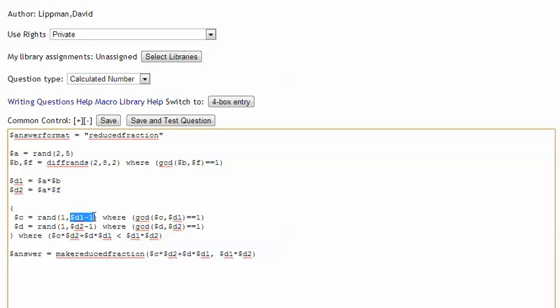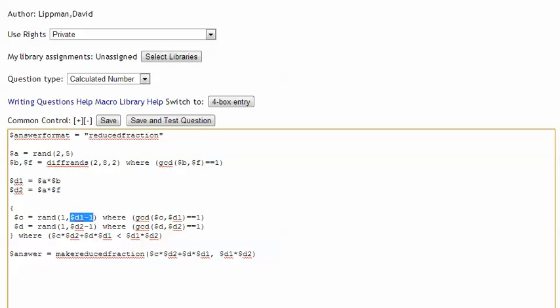That's a good thing to keep in mind when you're writing questions: working backwards is often helpful, and thinking about how I can restrict the randomizers to just work out in the first place is a little bit better, especially with things like the quadratic formula, to make sure that you're picking values that have real roots, for example.